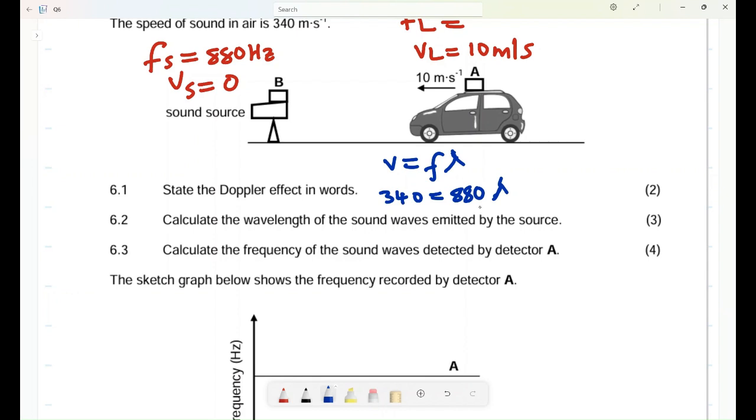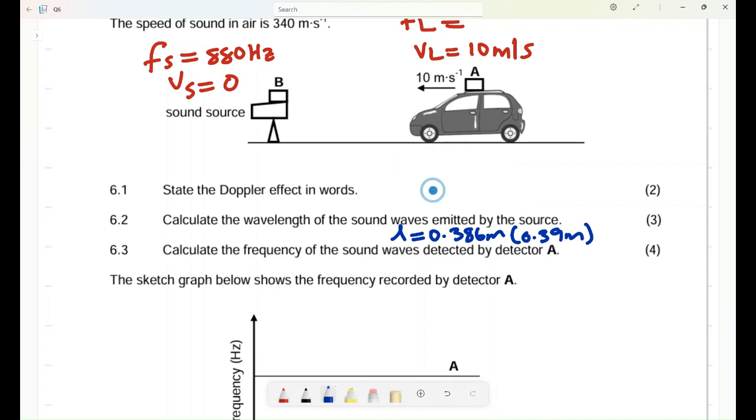Now our lambda is equal to how much? When you punch that into your calculator, you get something like 0.386 meters, or you can say 0.39 meters. That's fine.